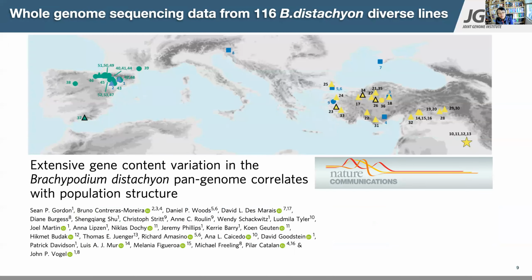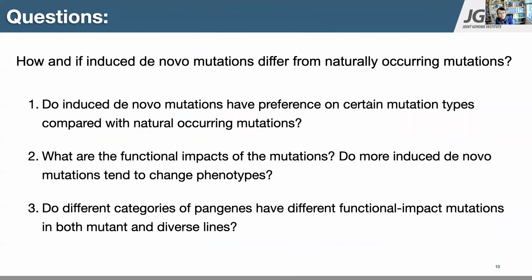Beyond that, our group has already published the pangenome data from Brachypodium distachyon diverse lines, so we can make use of this data to compare the naturally occurring mutations and the induced de novo mutations. Here, we specifically ask three questions.